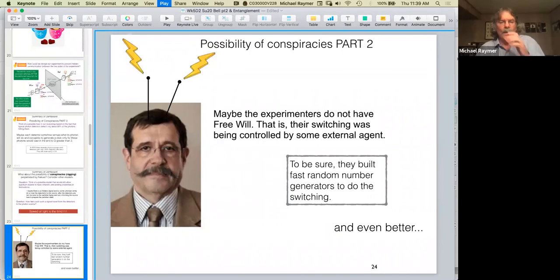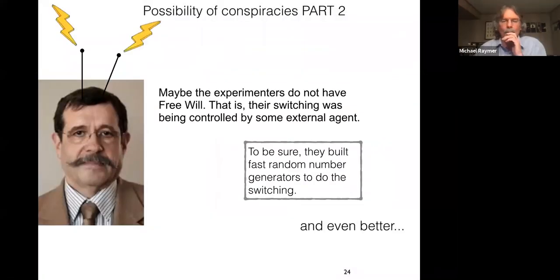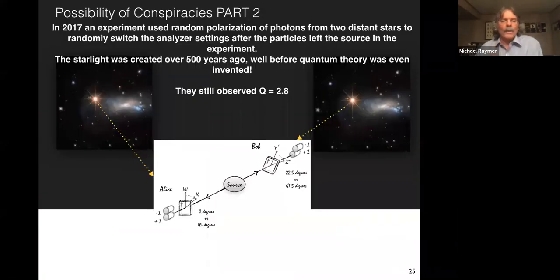So what did they do? They used random number generators that were 500 light years away from Alice and Bob. So Alice is in one lab on the Earth, Bob is a kilometer away, so they can't communicate with each other. Then they use photons coming from a star, or the photons created 500 years ago.